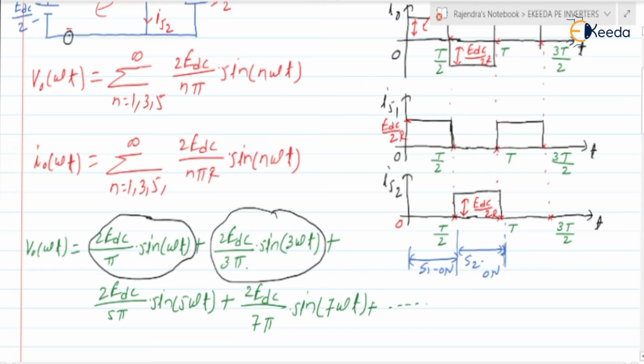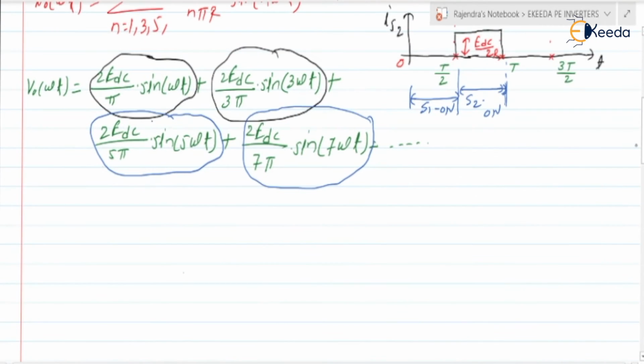This one is for n equal to 5, the output voltage at the fifth harmonic. And here it is for n equal to 7, the output voltage at the seventh harmonic. The series continues till infinity.